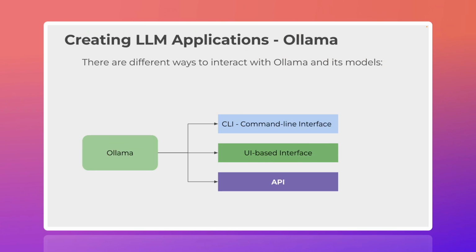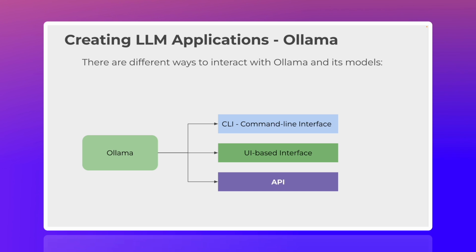So we're able to see all of the ways in which we can interact with Ollama and its models. So we looked at CLI, command line interface, and we saw that it's really easy because it's the fastest access to our models. But as you know, it's not scalable in the sense that you're not going to build a full-fledged application using that.